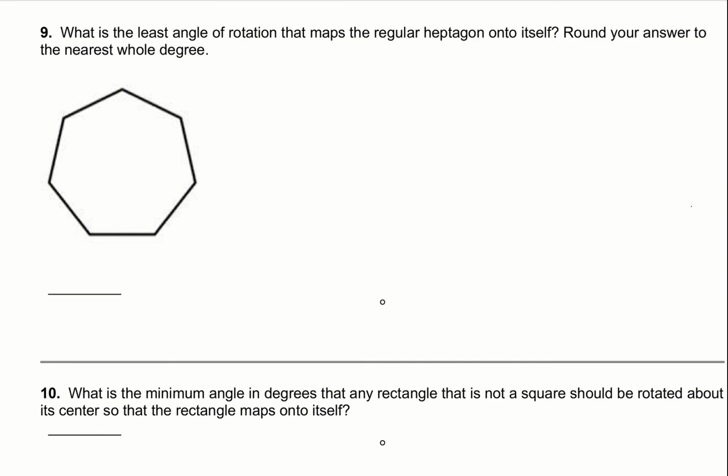Number 9, what is the least angle of rotation that maps the regular heptagon onto itself? Round your answer to the nearest whole degree. All right, so we're talking about rotational symmetry about the center here. This figure does indeed have rotational symmetry, which means I can take this part of the figure and rotate it so it becomes the same figure.